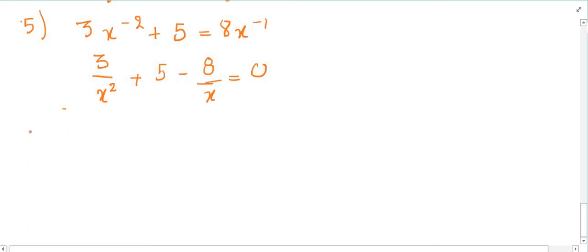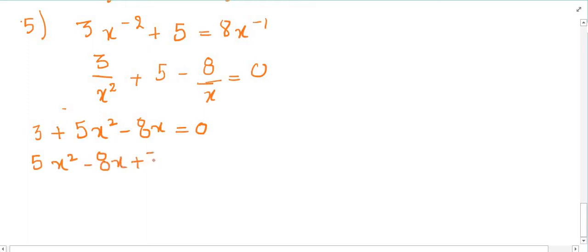Now take LCM. 3 plus 5x squared minus 8x equals 0. This is 5x squared minus 8x plus 3 equals 0.